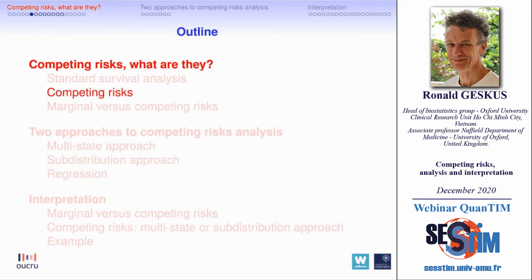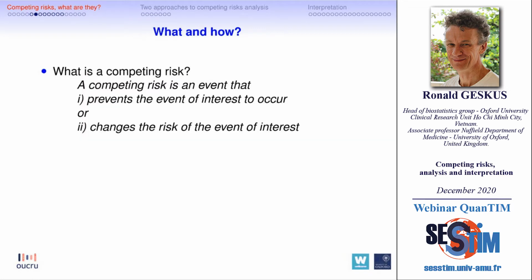So now we'll move to competing risks. What are competing risks? In the previous slides, I told about censoring, and I said, well, censoring, some individuals are censored because they were not followed long enough. They may still have the event in the future, but it is not observed in our dataset. Competing risk is slightly different.